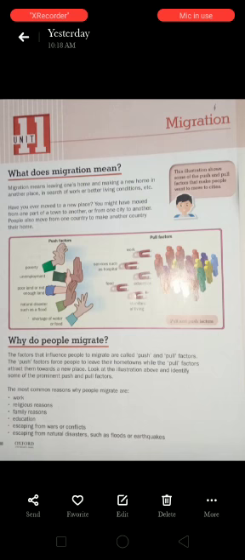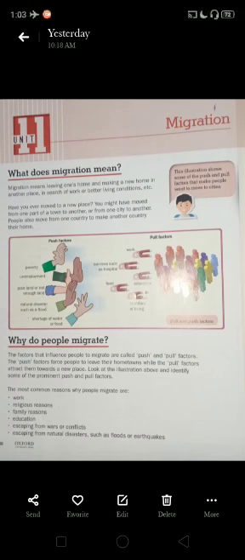Now, the reason behind why people migrate, the factors that affect people to migrate from one place to another, are called the push or pull factors. The push factors are those factors that are forcing people to leave their home country, while the pull factors are those factors that attract people towards a new place.